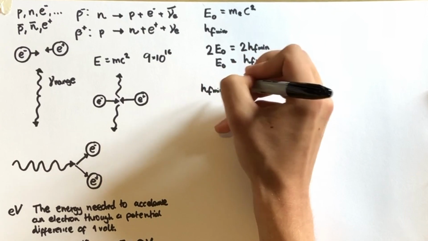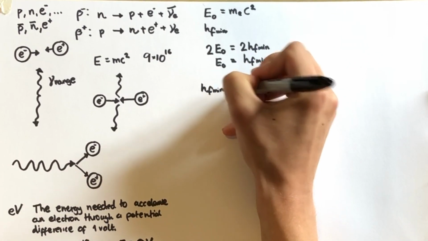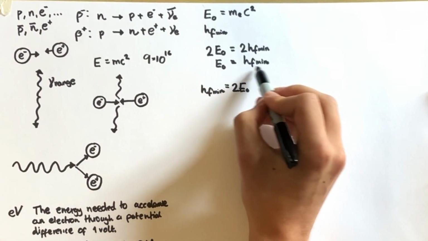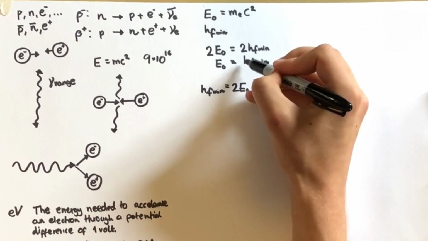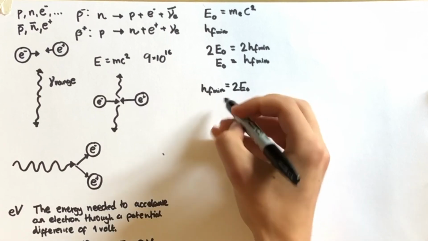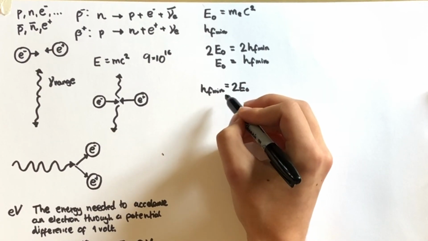So therefore hf min in this case is equal to 2 E0. So with annihilation, the minimum frequency is just E0 divided by h, if we divide both sides by h in this equation. Whereas with pair production, the minimum frequency is 2 times E0 over h.